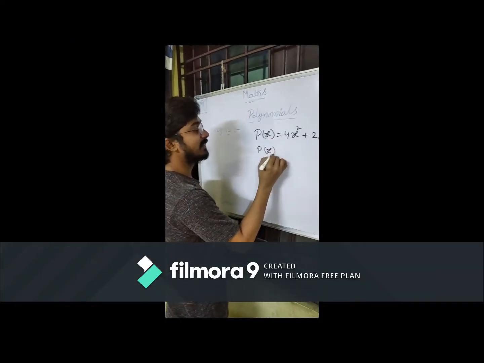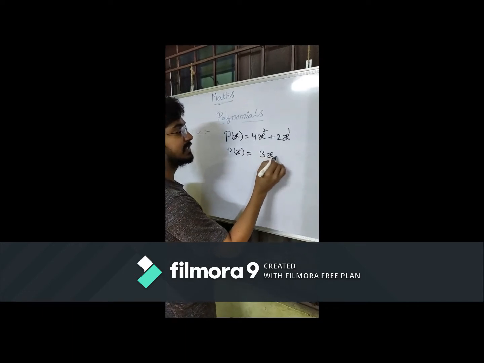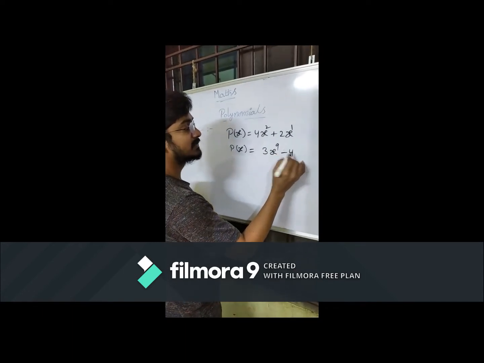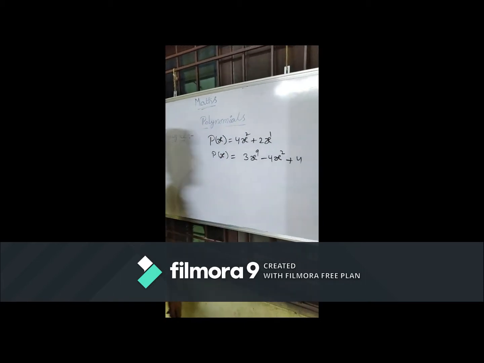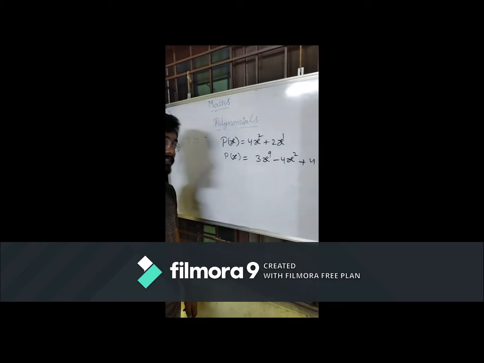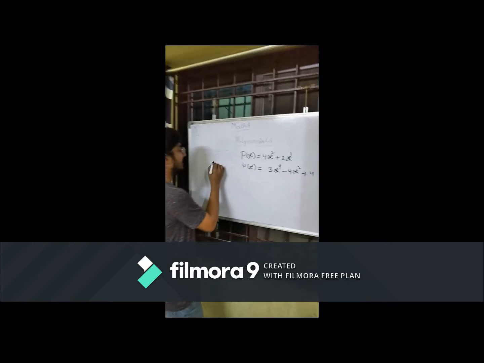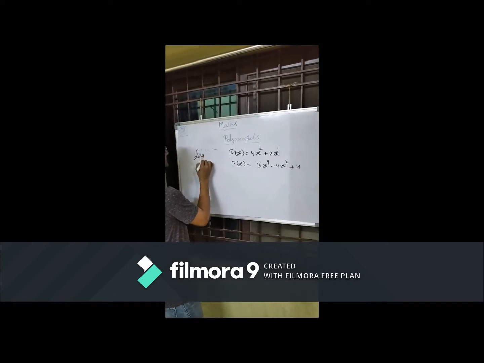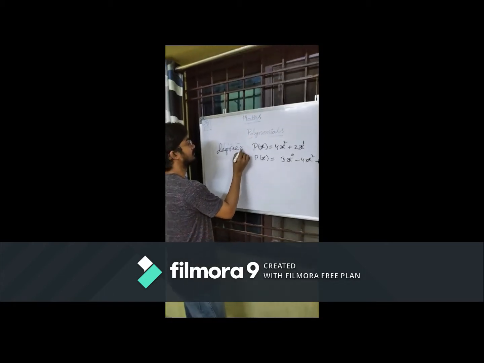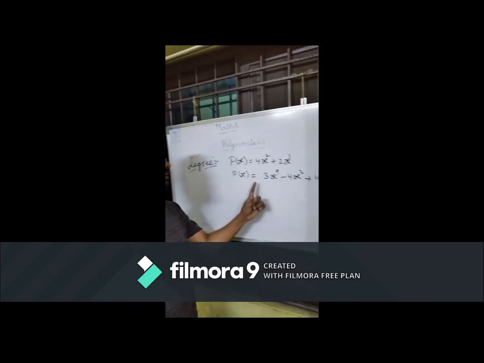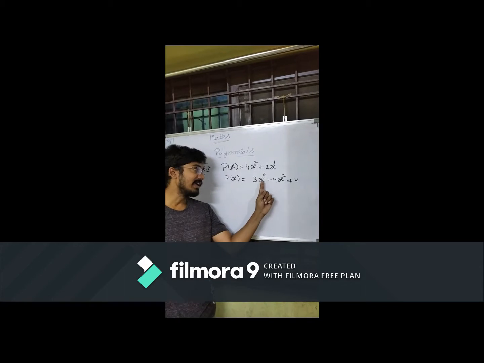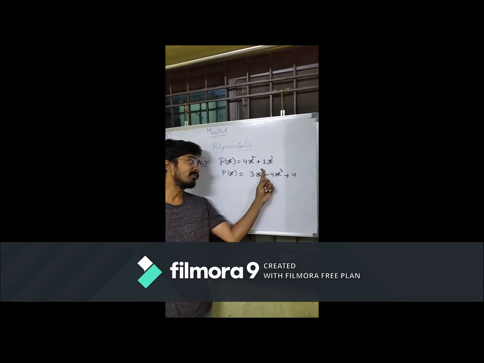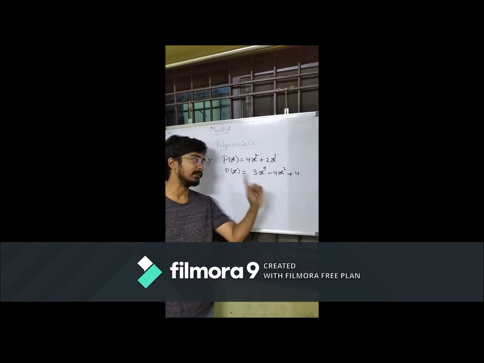Take another example. P of x equals 3x power 9 minus 4x square plus 4. In this polynomial p of x, for the first term, the exponent of variable x is 9.